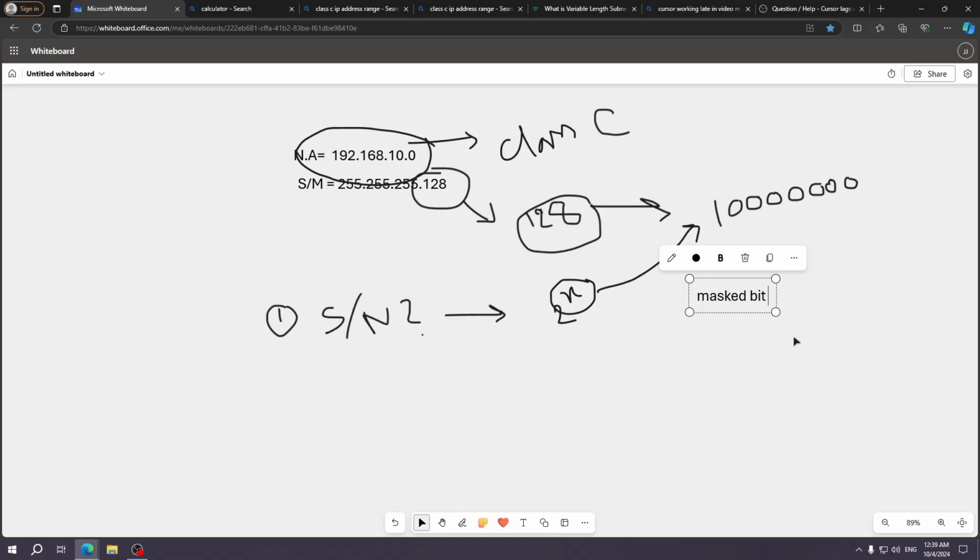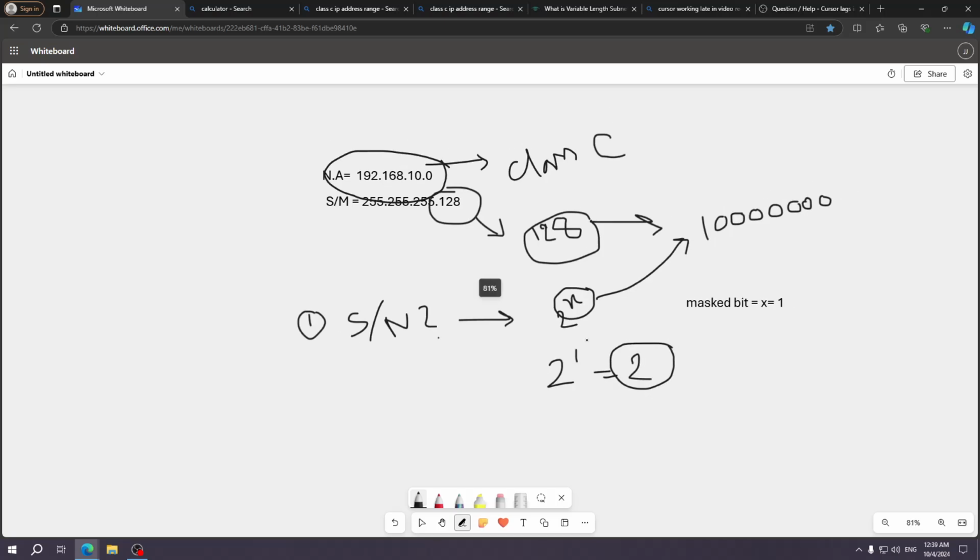The bits which are 1 are called masked bits, and here we have x equals 1. So 2 to the power 1 equals 2, so we will have two subnets.